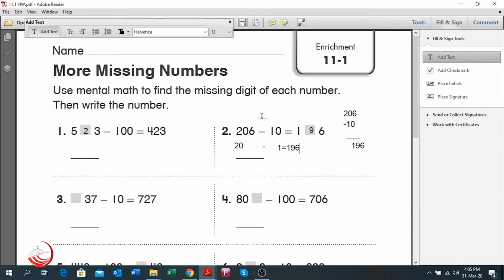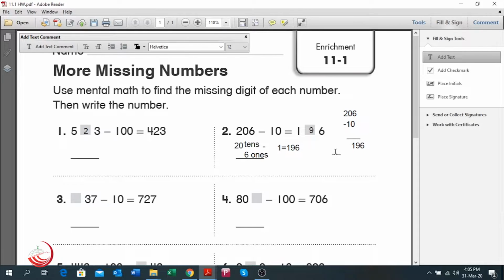Again, this number 206 is about 20 tens and 6 ones. The 10 is 1 ten. 20 tens minus 1 ten equals 19 tens.